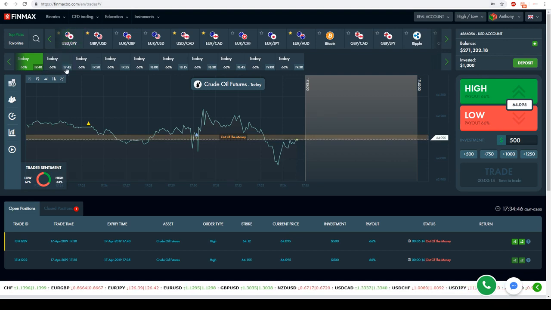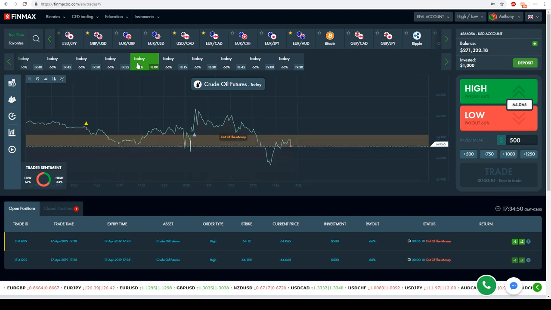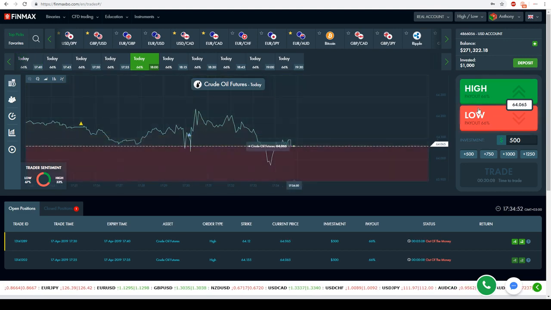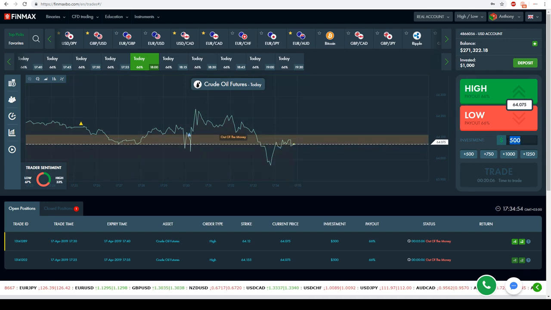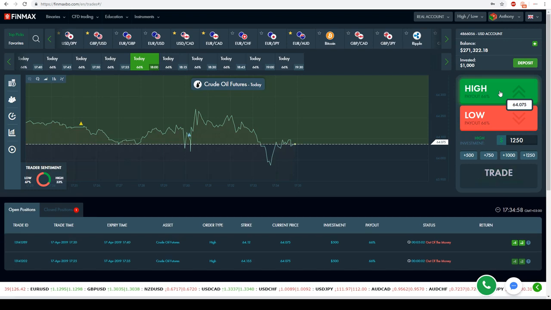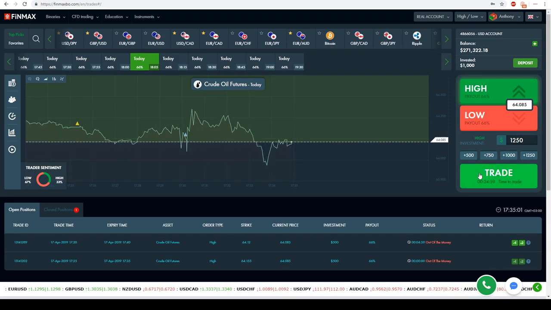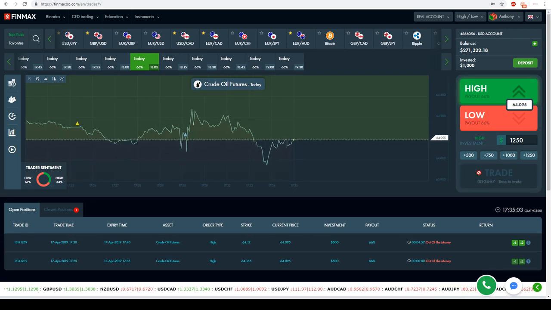I'm going to go ahead and open the position till 6 p.m. my time to cover up my previous trade, which is going to end not in the money. So 6 p.m. I'm going to run that.